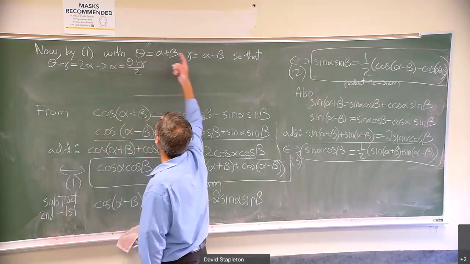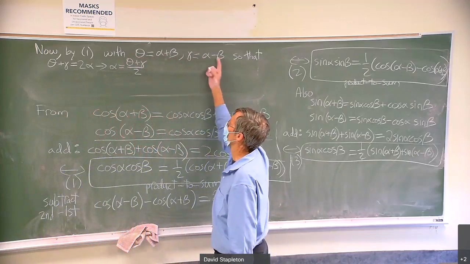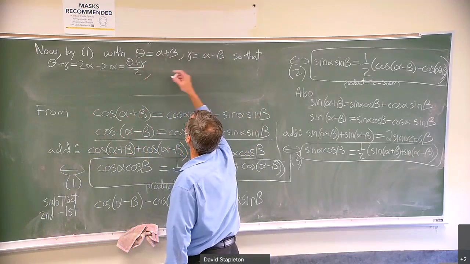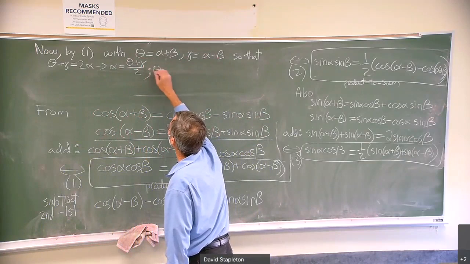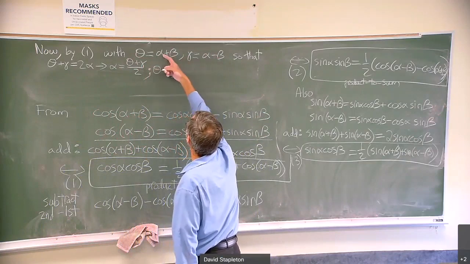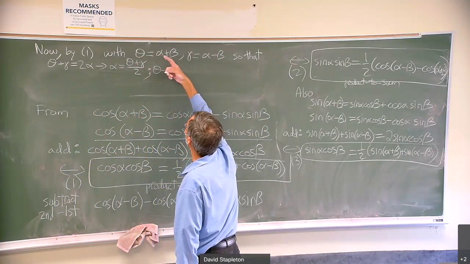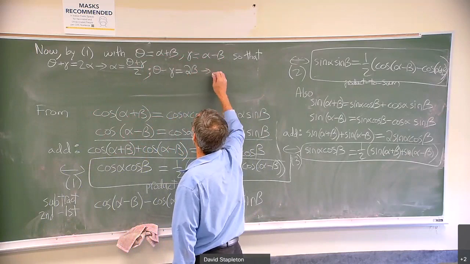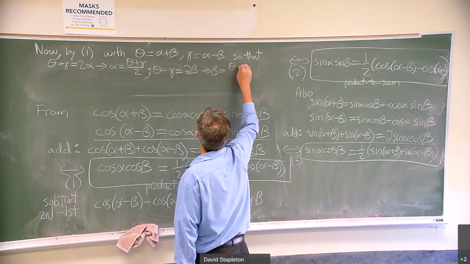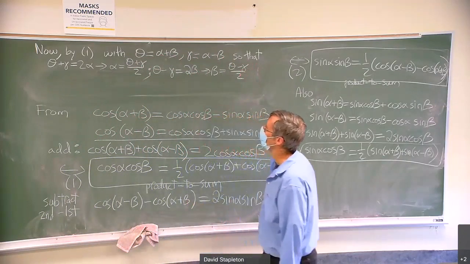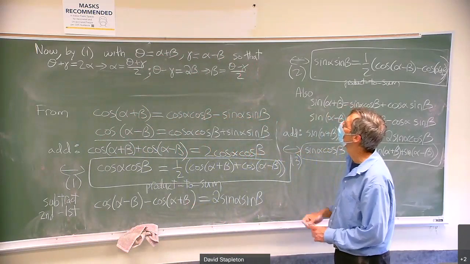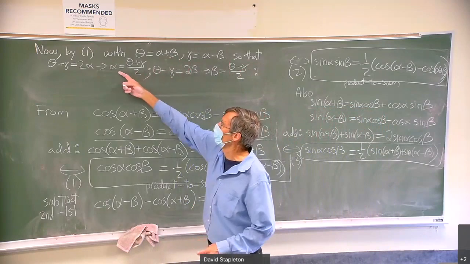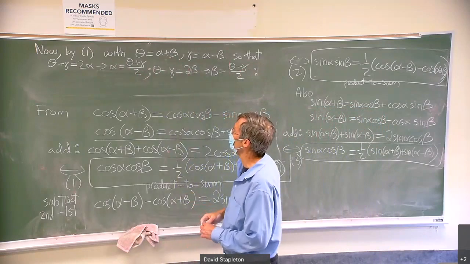And then if you subtract these two, theta minus gamma is going to be this one minus this one. The alphas cancel now, and the betas reinforce. You get 2 beta. Then divide that by 2 and switch sides. It tells you beta is theta minus gamma over 2. So you make that substitution: theta is alpha plus beta, gamma is alpha minus beta, and this is what alpha and beta are in terms of theta and gamma.